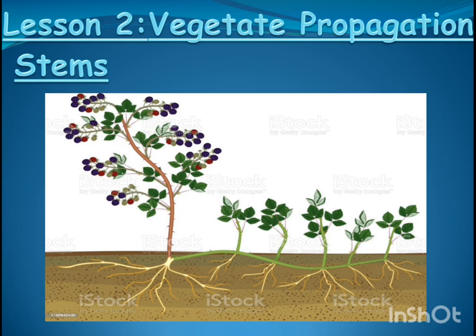Wherever the stem gets nutrients from the soil, it starts growing roots and shoots independently, and that becomes a new plant. So there are three ways asexual reproduction in stems happens: the stems which grow under the ground, tuber and bulb, and the stem which grows above the ground, which is runner.